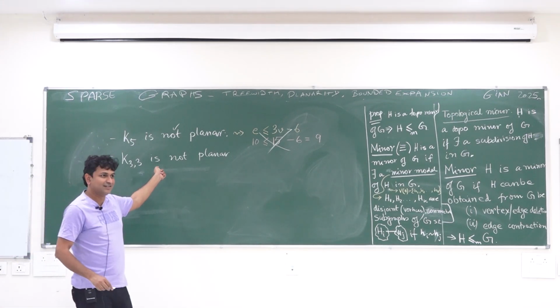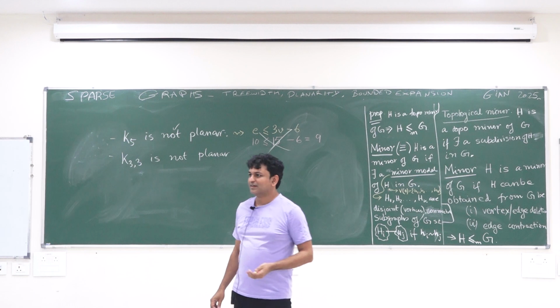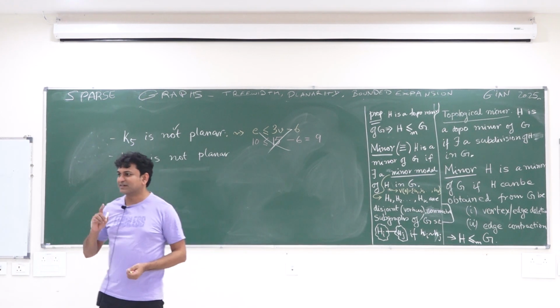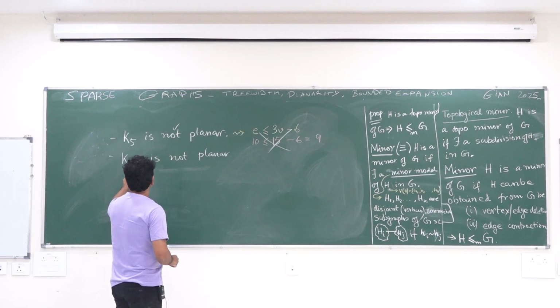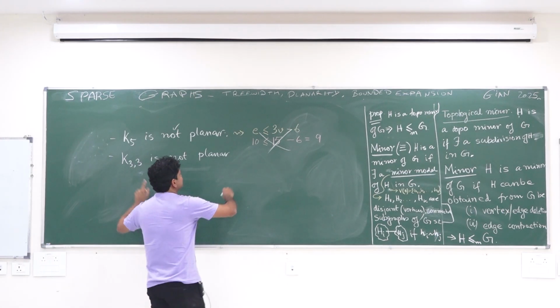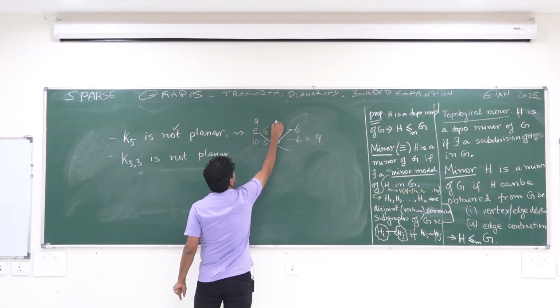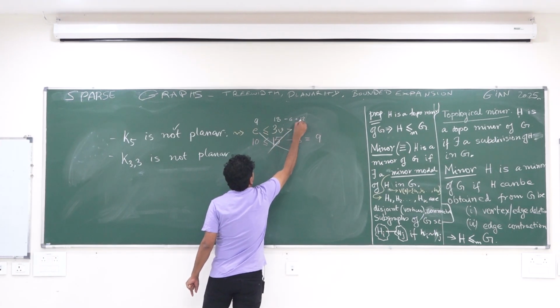This works here. It fails, right? Exactly. For triangle-free graphs, this formula changes. So just to have an idea, E is 9, and V is 6, so 3V minus 6 is 18 minus 6, which is 12.